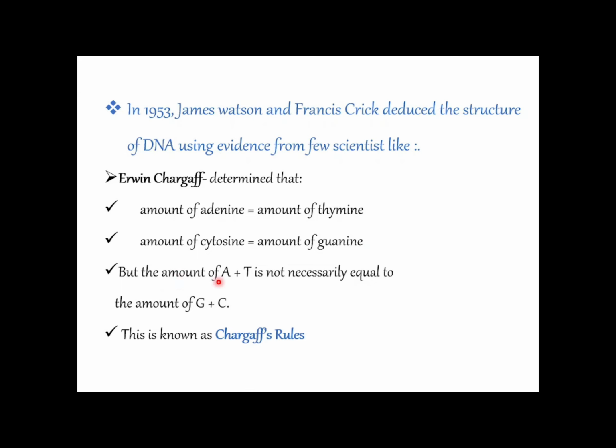But the amount of adenine plus thymine is not necessarily equal to the amount of guanine plus cytosine. That is what you call Chargaff's rule. So nowadays, guanine pairs with cytosine, adenine pairs with thymine.